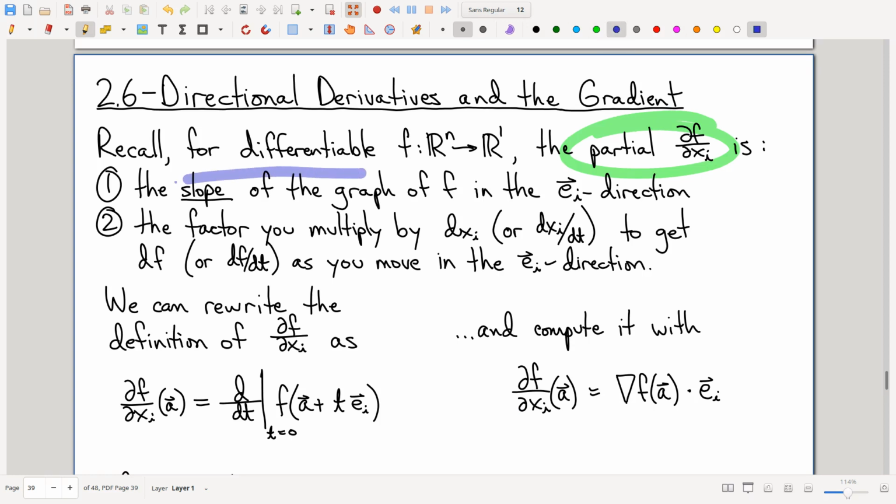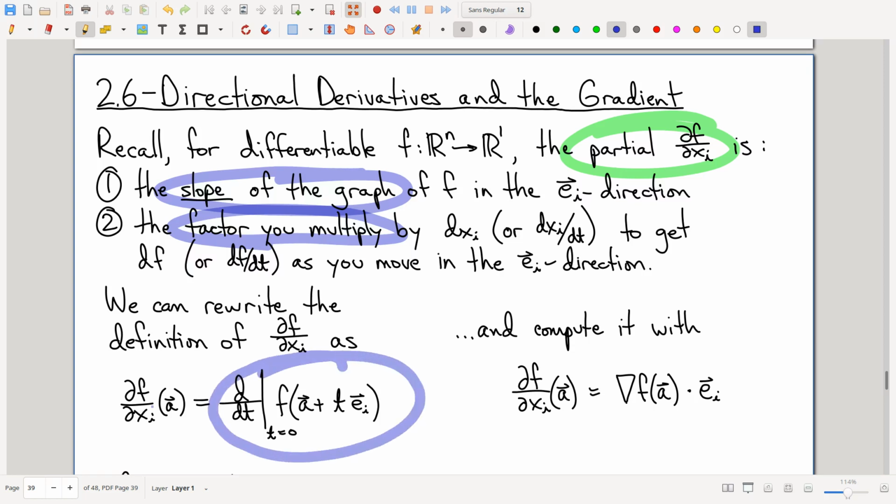We know it's the slope of the graph. We know it's a multiplicative factor: it's what you multiply by input change to get output change under certain circumstances. We also know this formula. We haven't actually written this down before, but let me walk you through what this formula means.